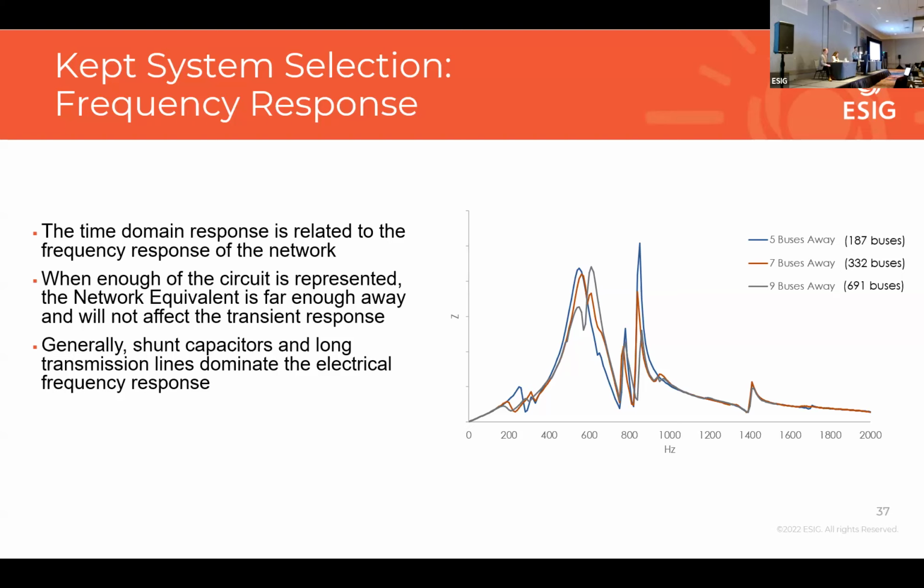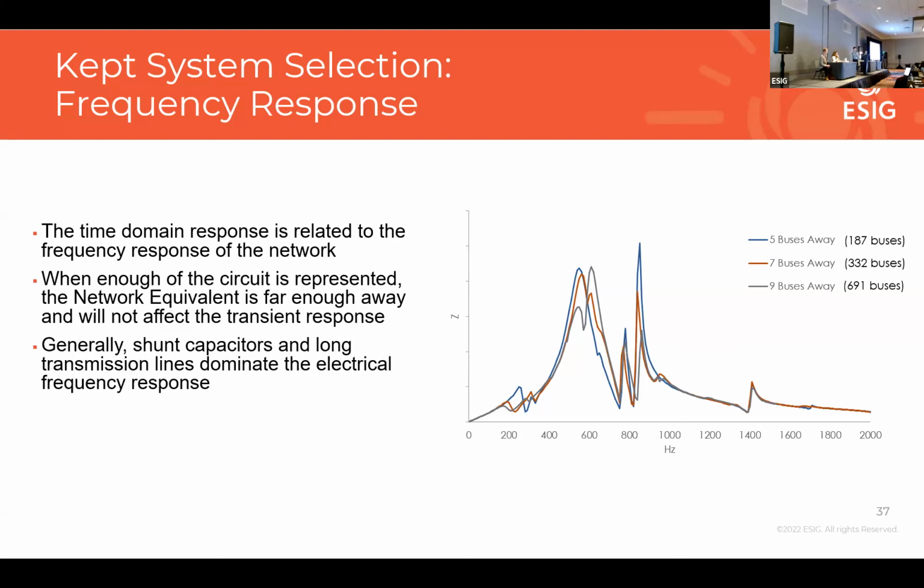In this case, I've gone from a focal point growing 5 buses away, 7 buses away, and 9 buses away. So we have 3 different sizes of EMT system. And I did a frequency scan of this system to see how the frequency domain impedance would change based on the size of the network that I'm considering.